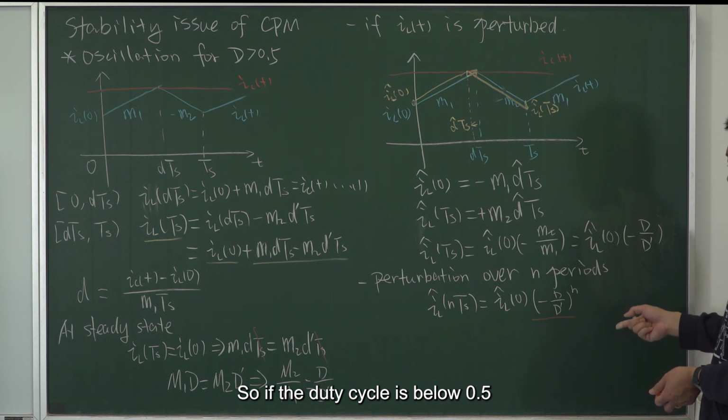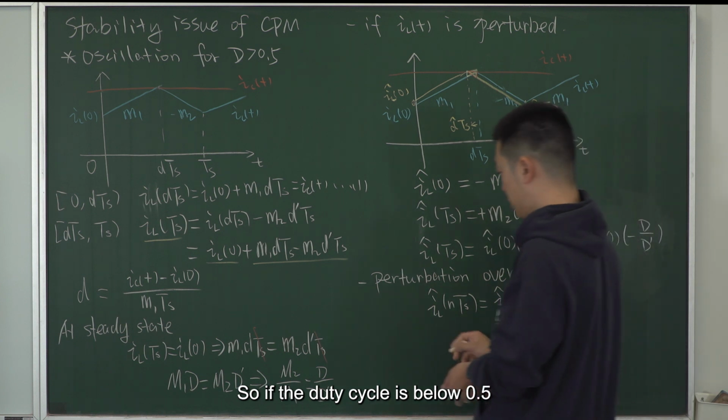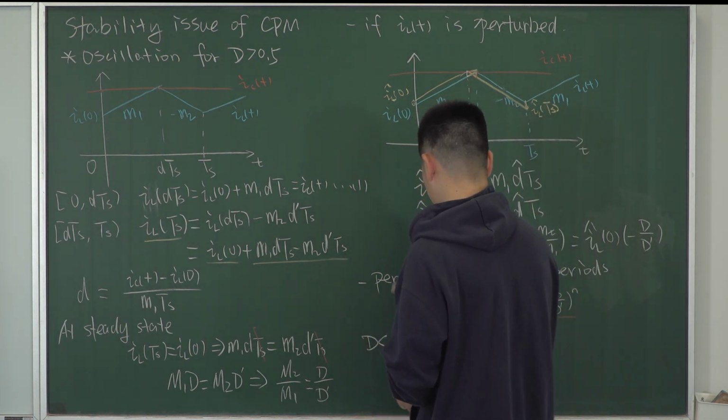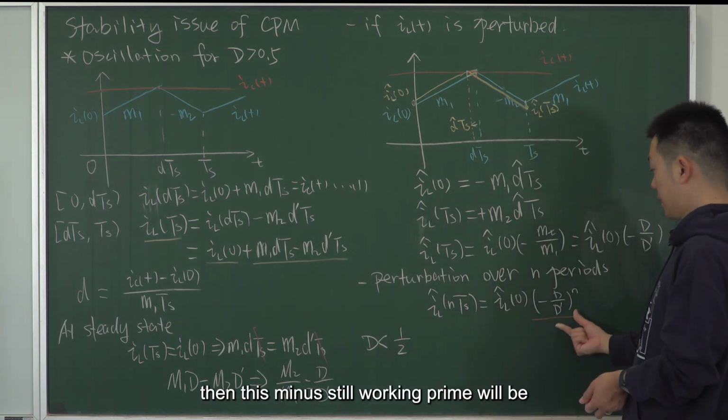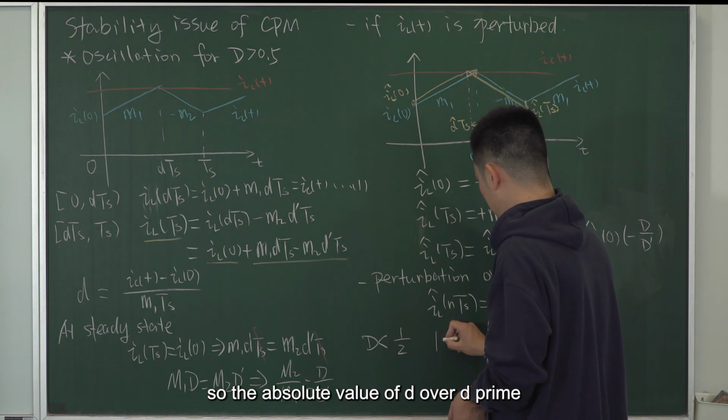So if the duty cycle is below 0.5, then this minus d over d prime will be smaller than 1 in absolute value.